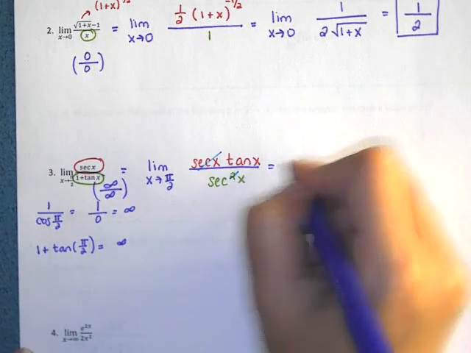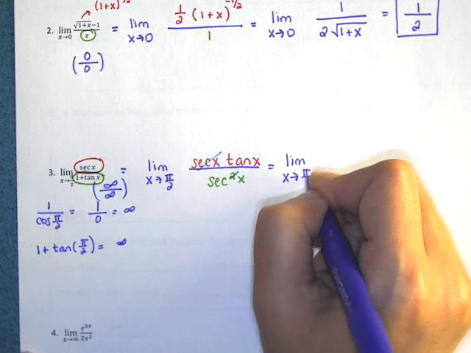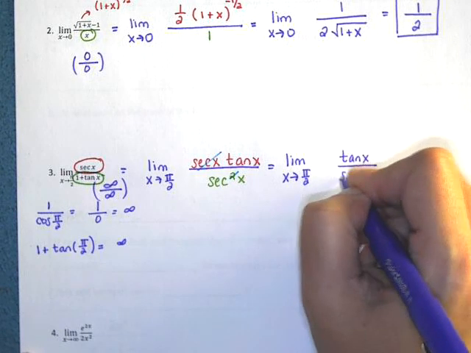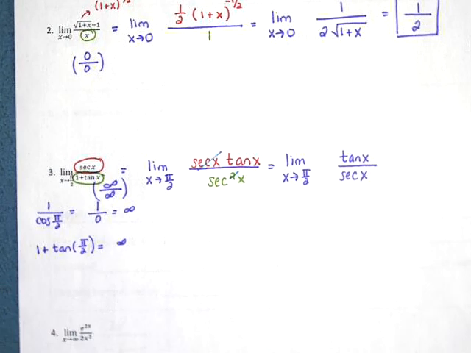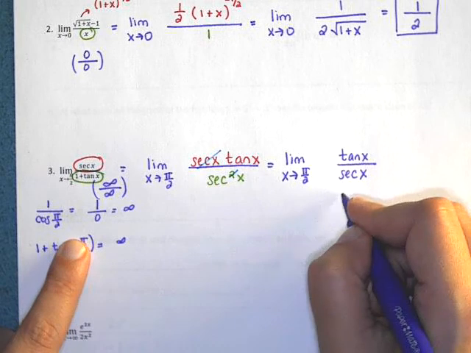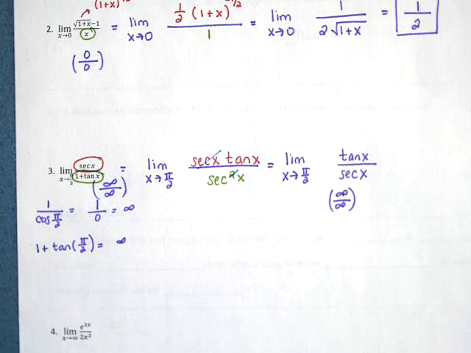So my new function is the limit as x approaches pi over 2 of tangent over secant. Now once again, if you try plugging in pi over 2, you're going to get the same answers that you got over here. So this is one of those cases where you can do this process again in order to try to get the derivative.